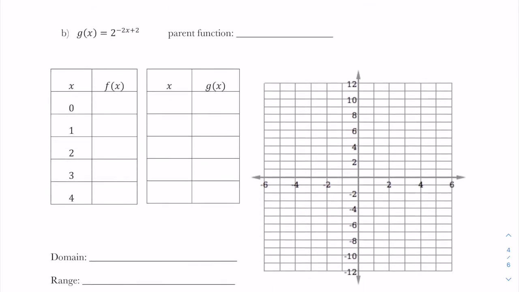Let's try another one. Here we have the function g of x equals 2 to the exponent of negative 2x plus 2. What we should always do first is factor out the c value.